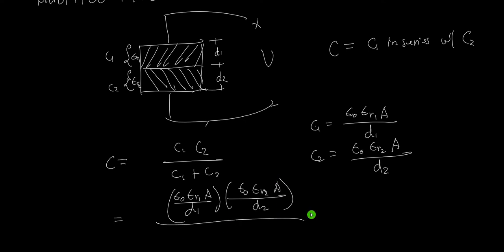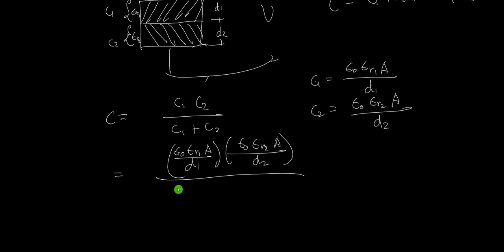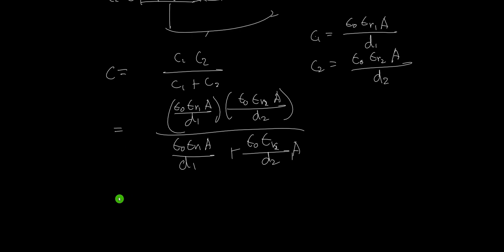All over, we add them: epsilon naught, epsilon R1, area, all over D1, plus epsilon naught, epsilon R2, area, all over D2. And I simplify this to solve the formula. Here we have epsilon naught squared, epsilon R1, epsilon R2 times area squared, all over D1 times D2.